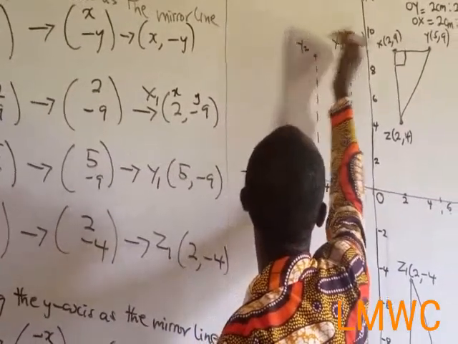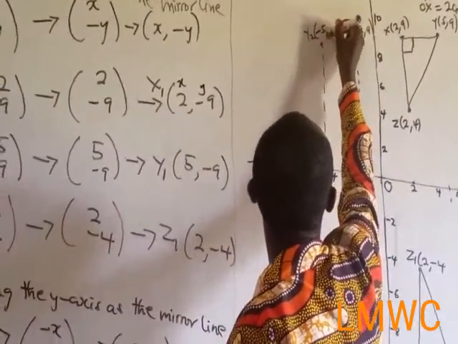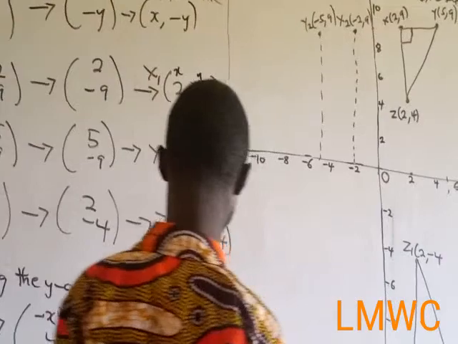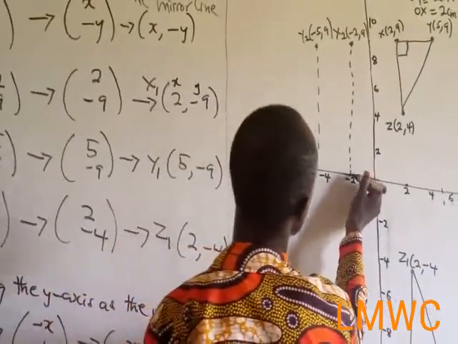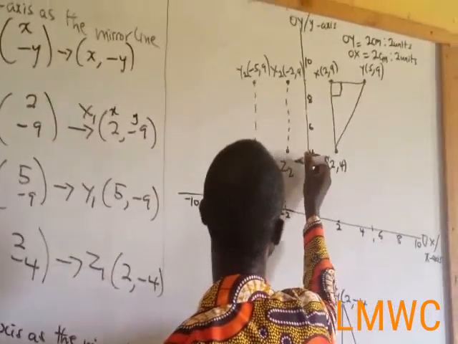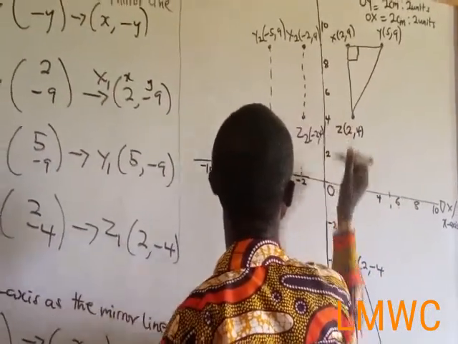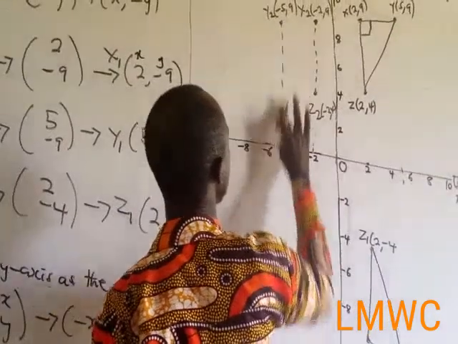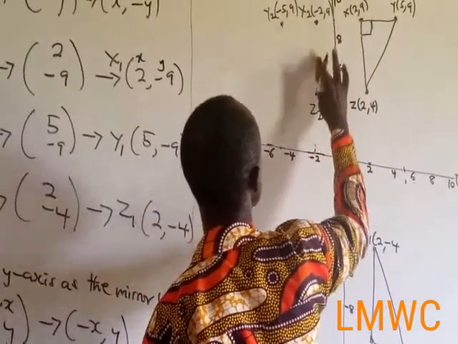So y2 is negative 5, 9. And z2 is negative 2, 4. So z2 is negative 2, 4. So you clean the short dashes.